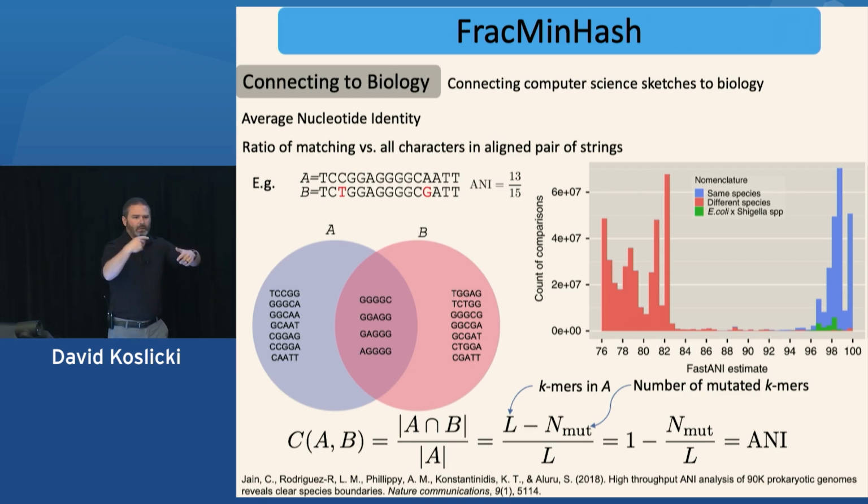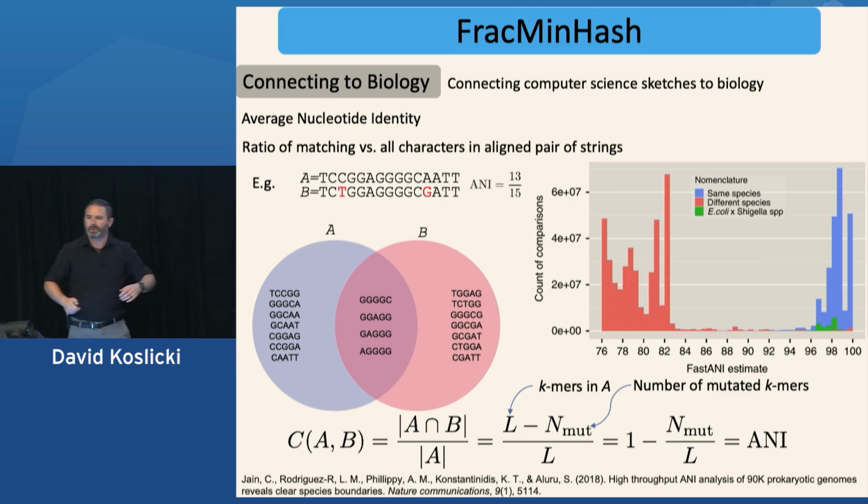Well, that's just like the other way around of ANI, right? The fraction of matching k-mers. So I take 1 minus that quantity, and I get ANI. Okay, sweet. So I can now relate this containment index to a biologically relevant quantity, and I can use these hashing techniques to estimate this containment index.